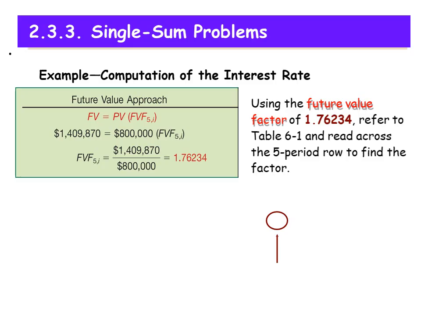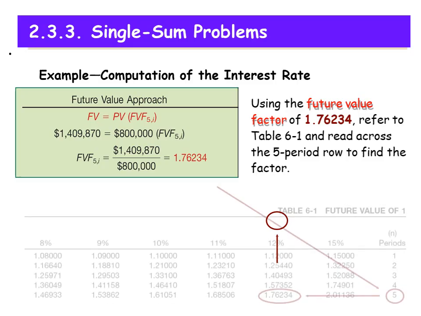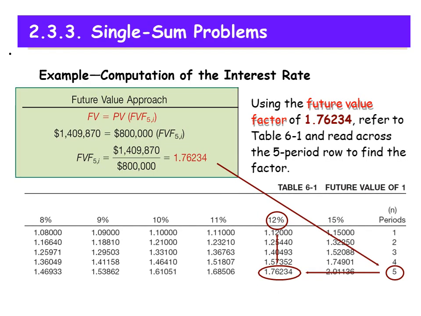We are searching for the interest rate. When we divide by $800,000 on both sides, we get 1.76234. This is the future value factor. Refer to Table 1 and read across the 5 periods row to find the factor.